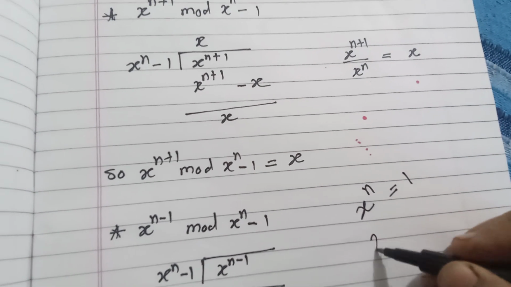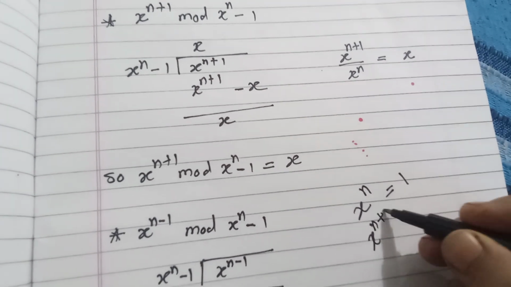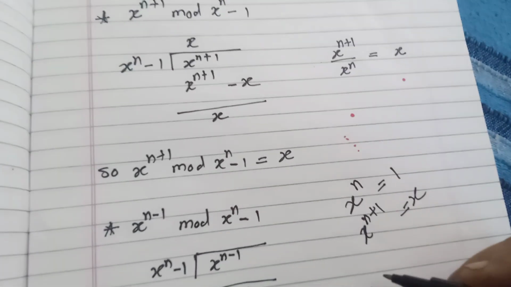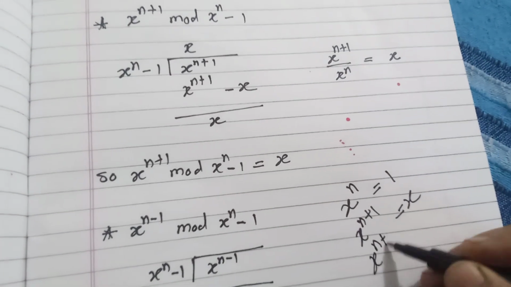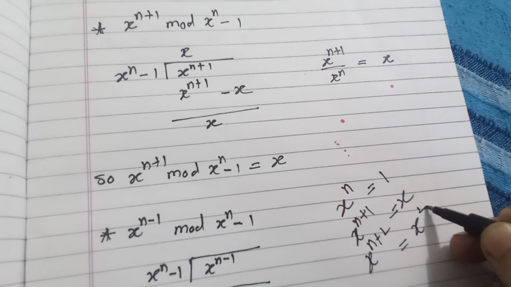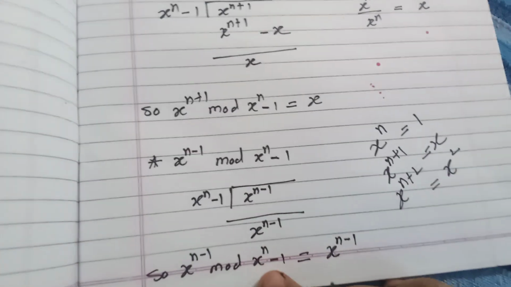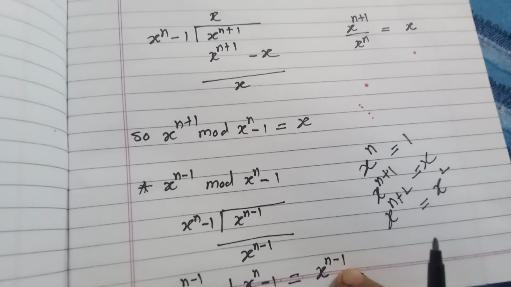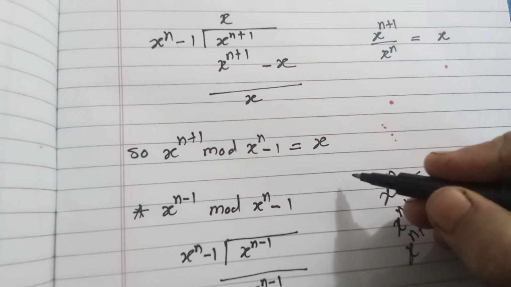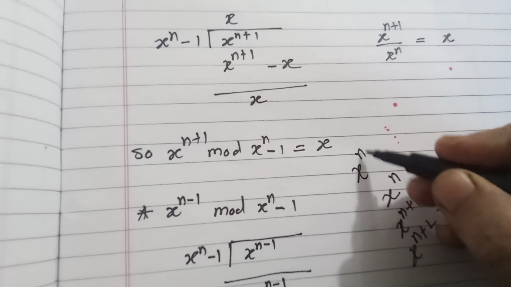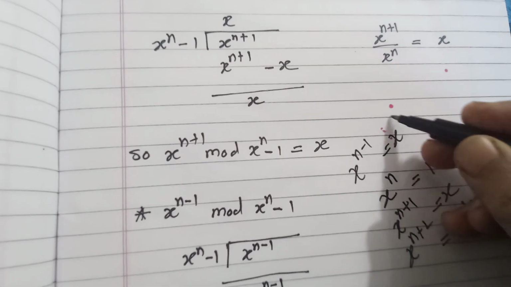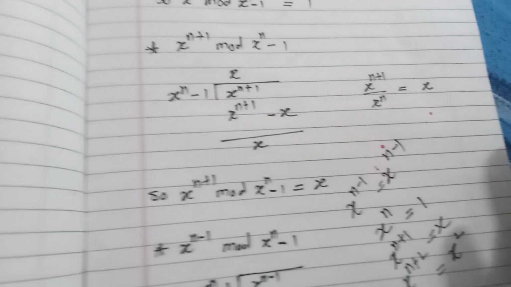Then x^(n+1) by x, x^(n+2) by x square, likewise, and x^(n-1) is as it is, because its remainder is x^(n-1). x^(n-2) is as it is.